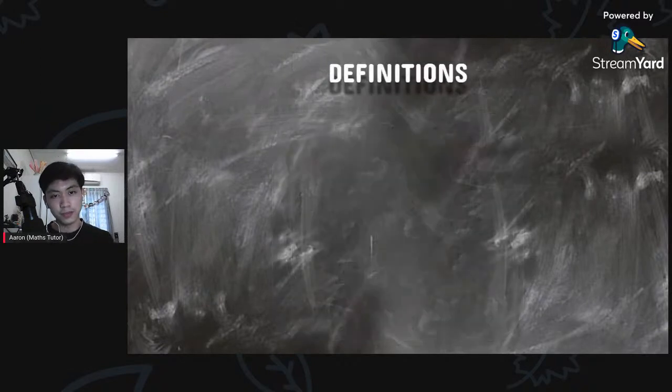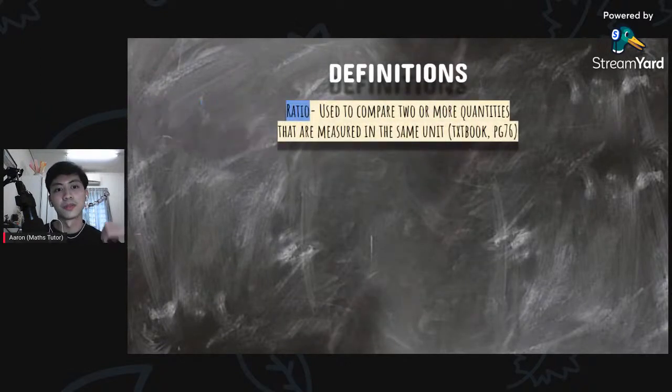Today we learn about ratio, rates, and proportion. Firstly, we need to know what a ratio is. Ratio is used to compare two or more quantities, two different things but measured in the same unit.